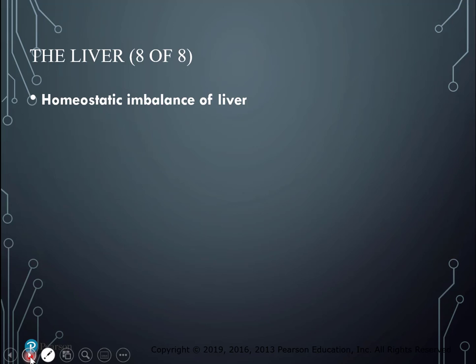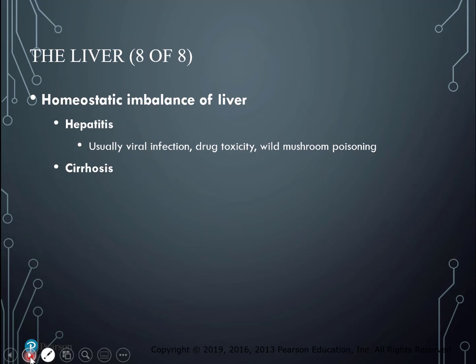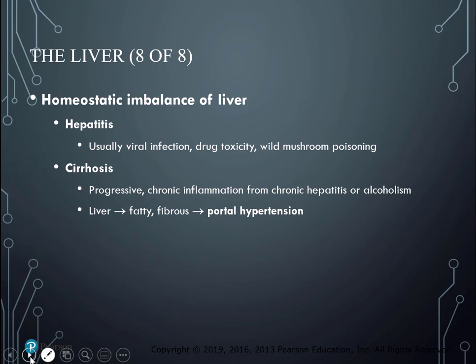So there are some homeostatic imbalances of the liver. One of them is hepatitis, which is usually a viral infection, but it can also be caused by drug toxicity or wild mushroom poisoning. And cirrhosis is chronic inflammation of the liver. This is progressive, more chronic than anything, brought about by chronic hepatitis or alcoholism.